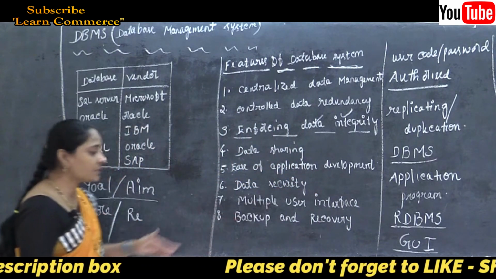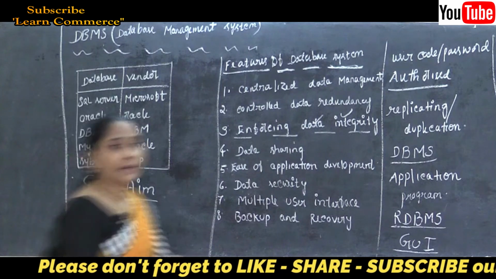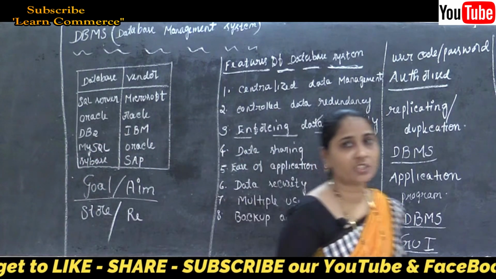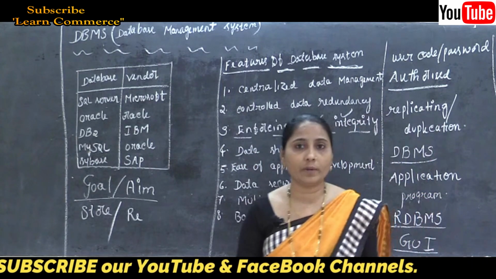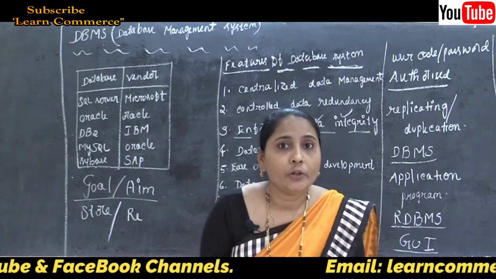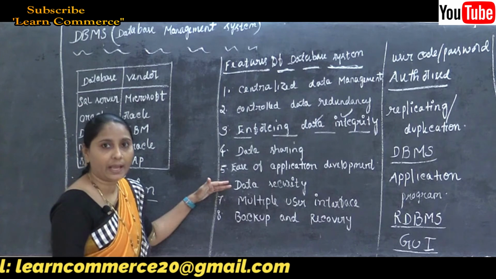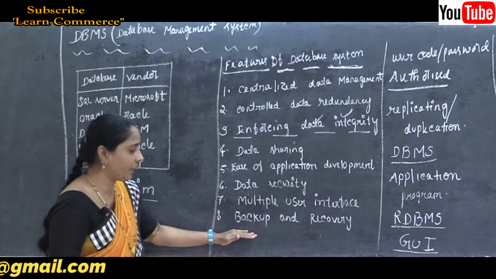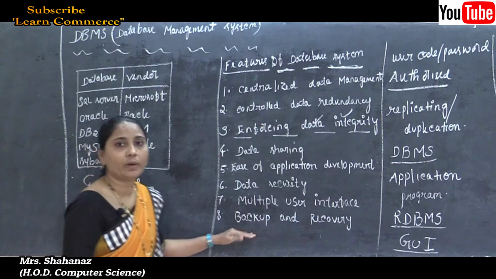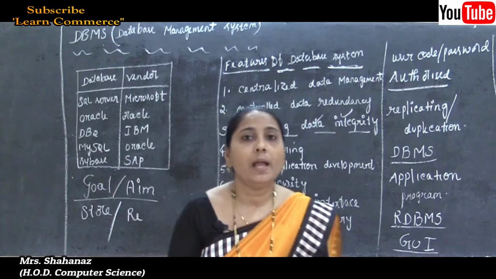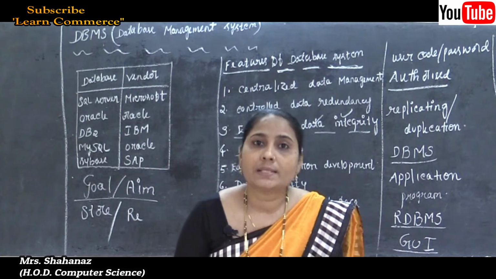The last thing is our backup and recovery. Clear this point here, the backup and recovery. Our RDBMS does not only provide all those advantages one after another; the final advantage or feature of our database management system is the backup and recovery subsystem.